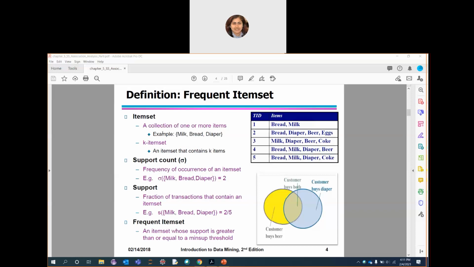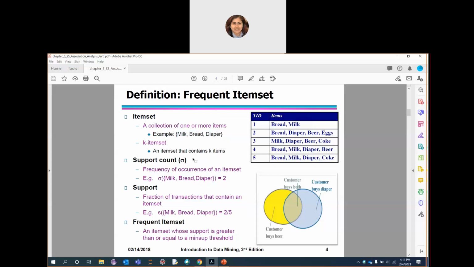Here, item set. What is an item set? That is nothing but a set or collection of one or more items. If you are buying these three items together in this transaction, this becomes an item set and it will be enclosed within curly braces. Now, k-item set. A k-item set means an item set that contains k number of items.